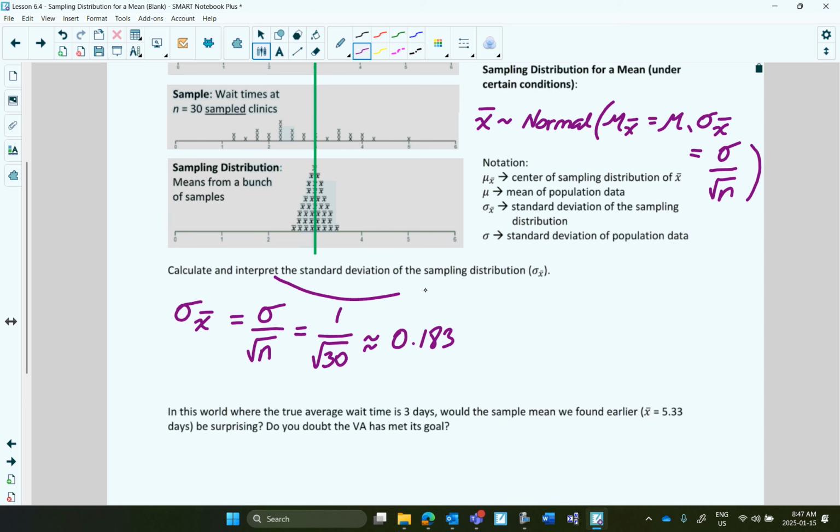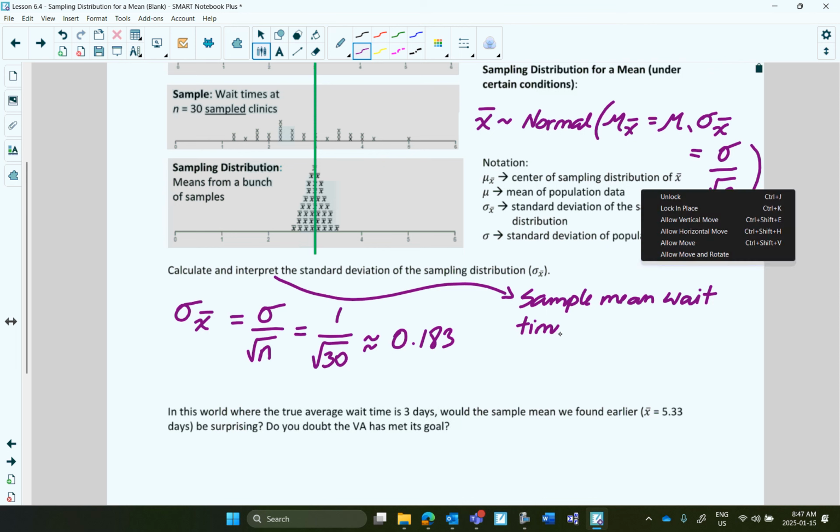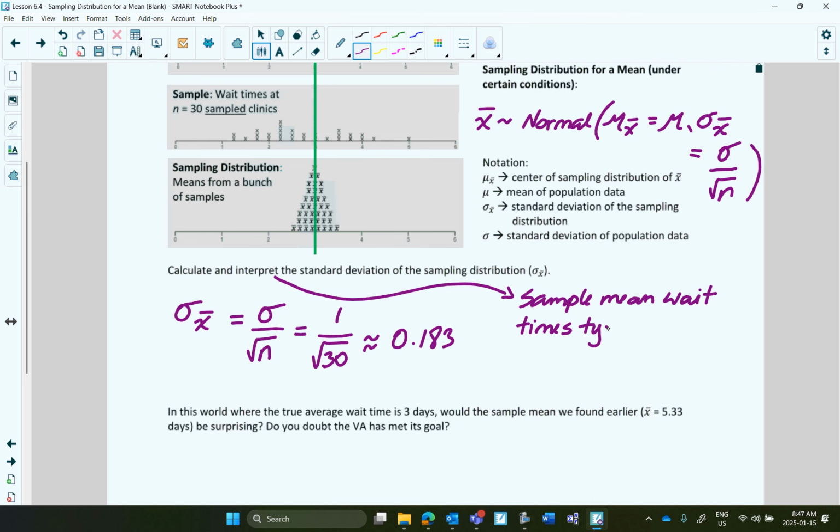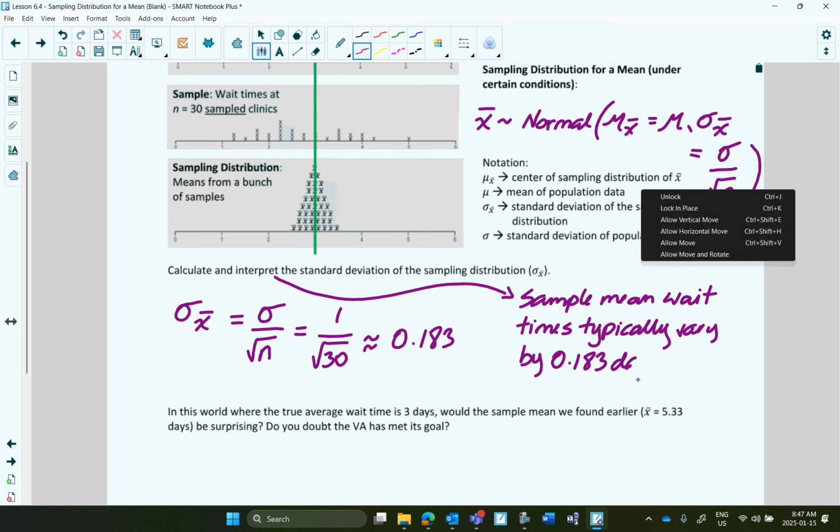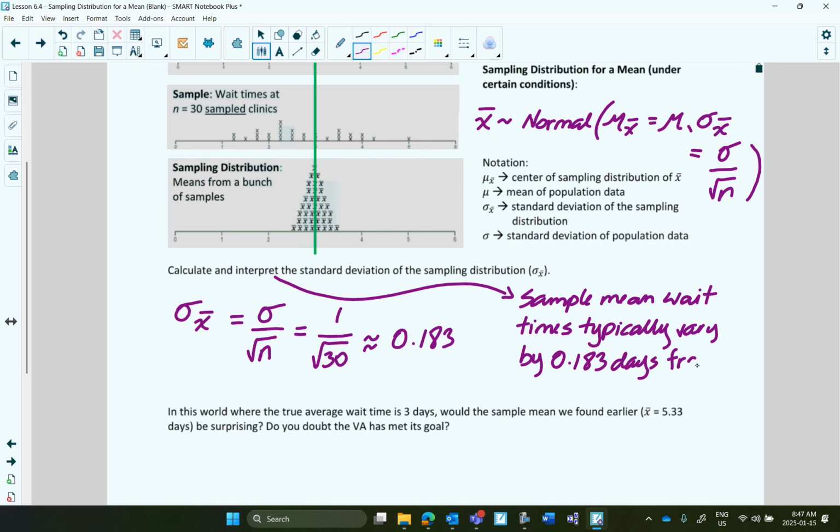What's the interpretation? Sample mean wait times typically vary by 0.183 days from the true mean of 3.